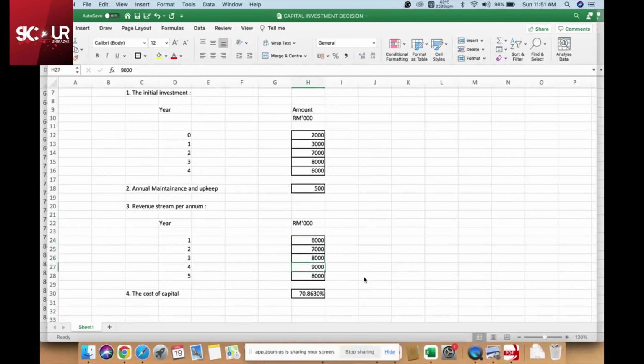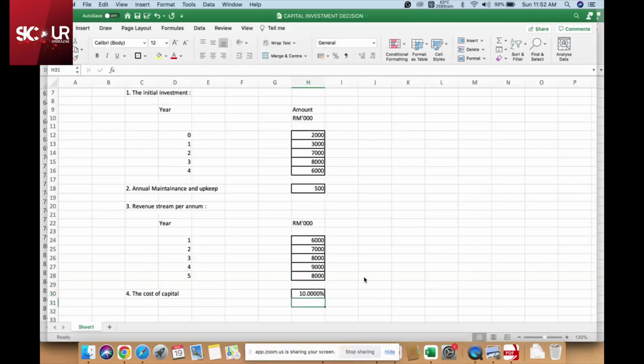So this is the annual revenue stream. And then we have the cost of capital, and we say that the cost of capital is, say, 10%.